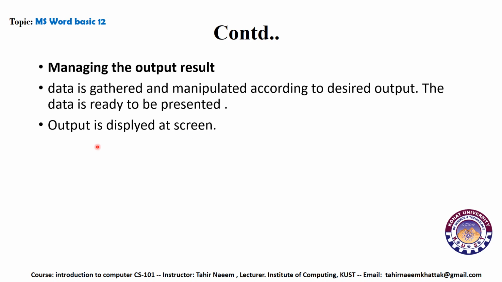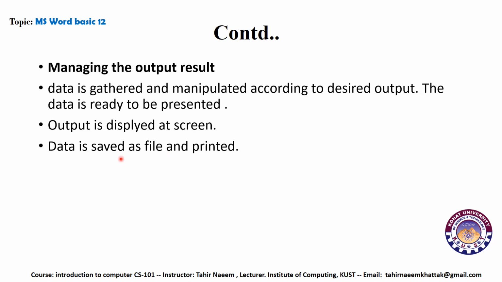This type of output is called soft output, or soft data, because we can see it but we cannot touch it. This is called a soft copy of the data. Data is saved as a file and printed.